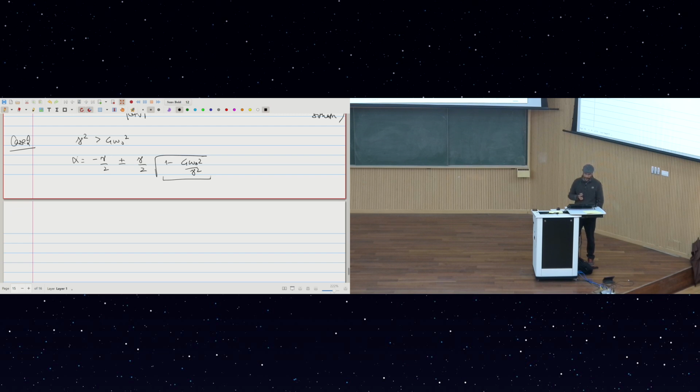So 4 omega naught squared upon gamma squared is less than 1. So 1 minus a less than 1 quantity is greater than 0. So we have a negative sign here, and this whole quantity is less than 1. So what we see is both roots are real firstly, and the second thing is both are negative, because if you have a negative sign in both of these, it's a negative thing, of course. If you have a positive sign in the second case, even then the quantity is less than gamma by 2, because whatever is in the square root after applying the square root, that's still less than 1. Okay.